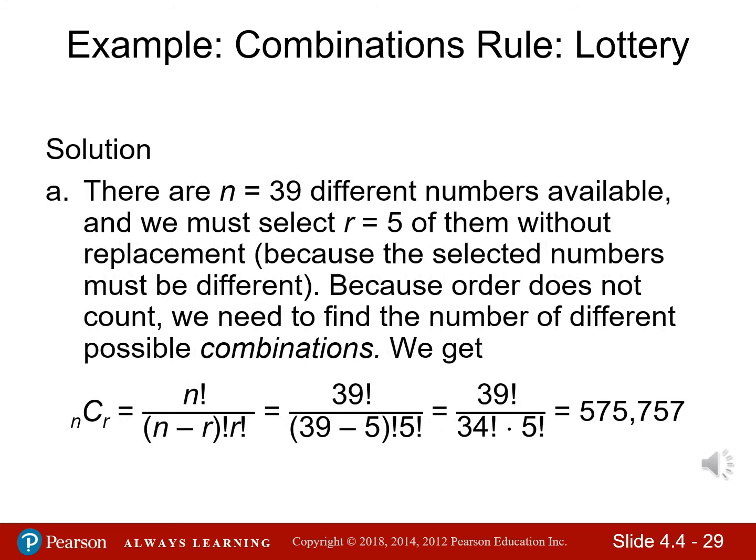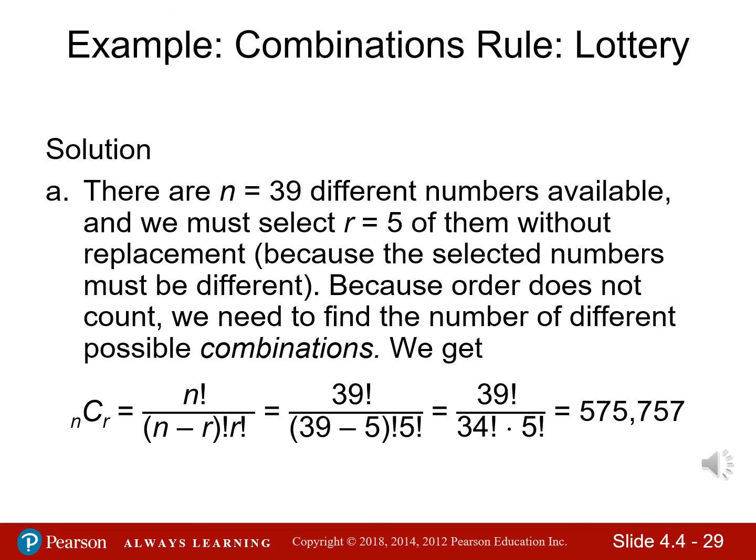Let's solve part A. There are n equal to 39 different numbers available, and we must select r equal to 5 of them without replacement. This is because each selected number must be different from the other selected numbers. Because order doesn't matter, we need to find the number of different possible combinations.